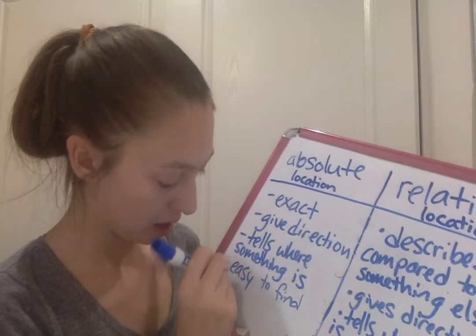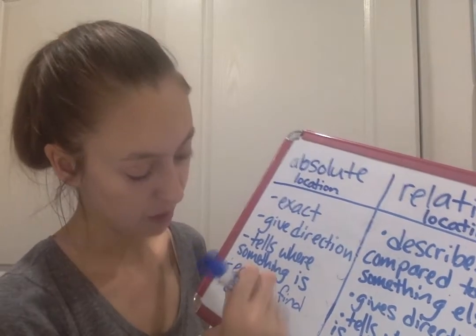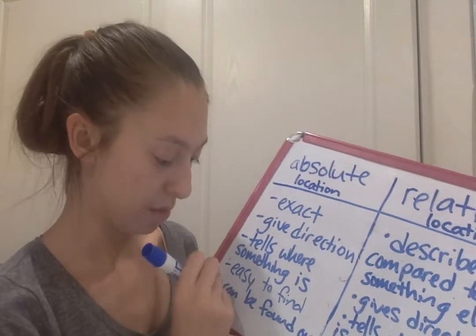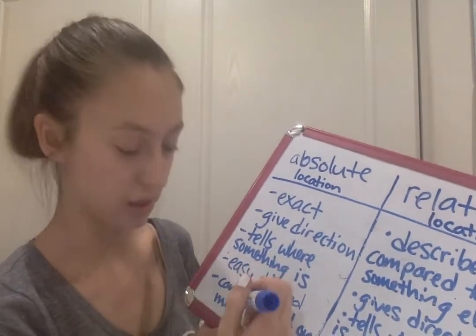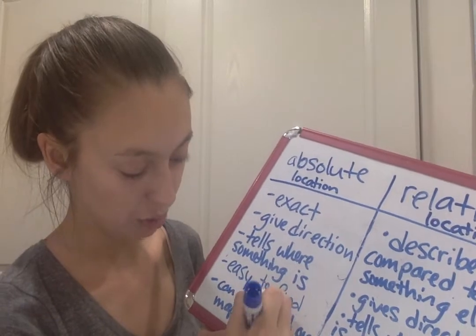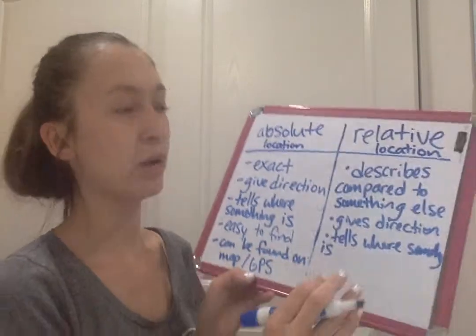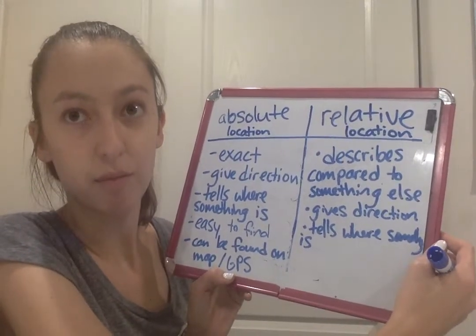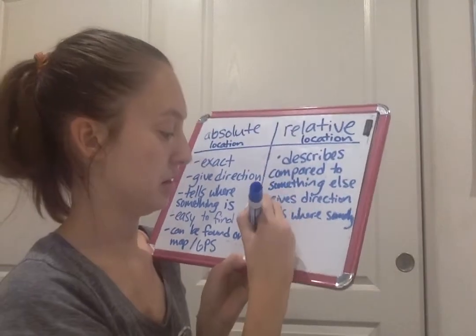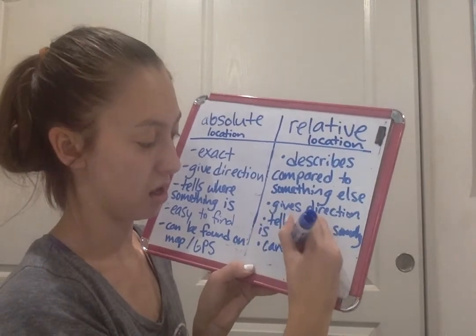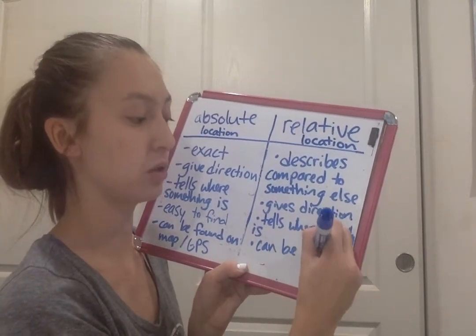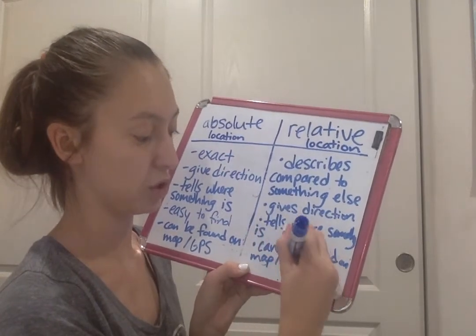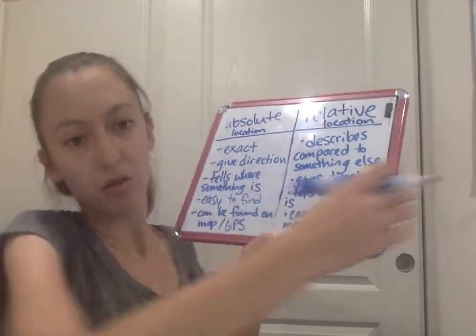It can be found on a map or GPS, right? Or GPS. And what about relative location? Can relative location be found on a map? Yes, that's right, it can. Can be found on a map or GPS.